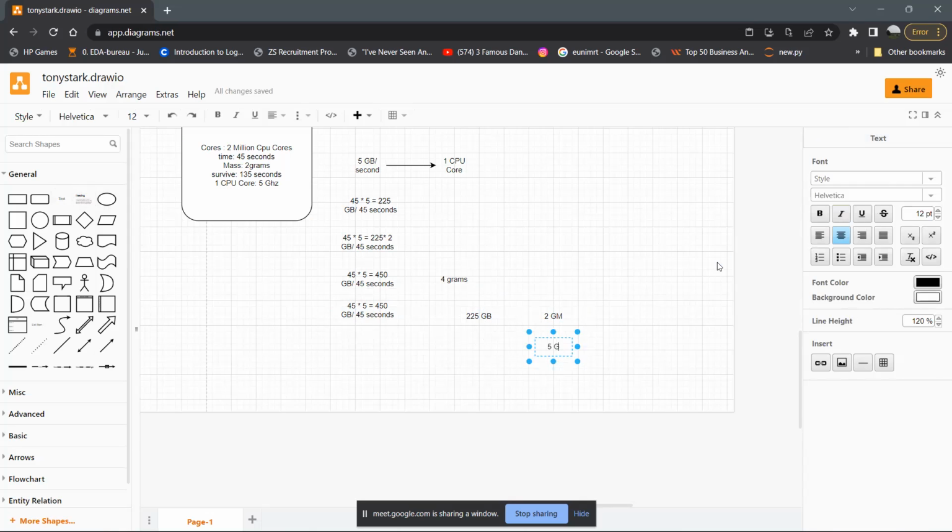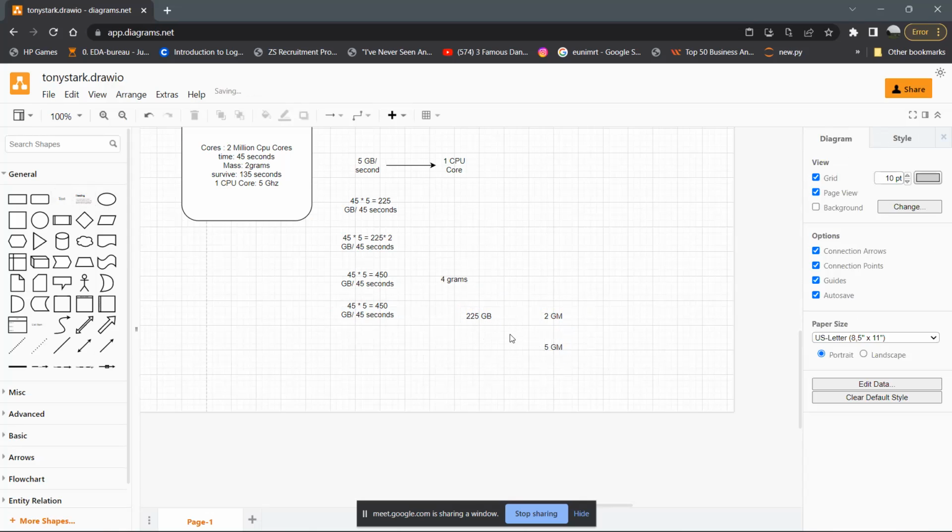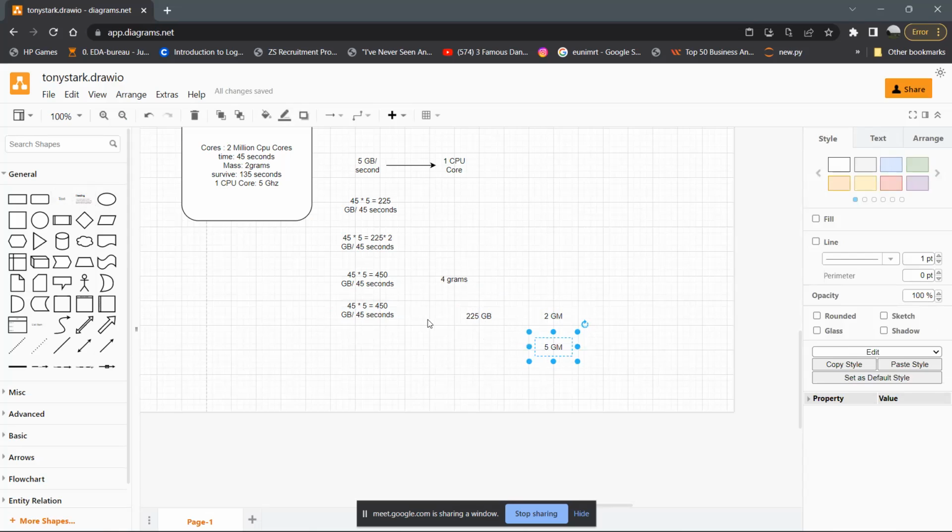So for 5 grams, it will be nothing but 5 into 225 divided by 2, right?